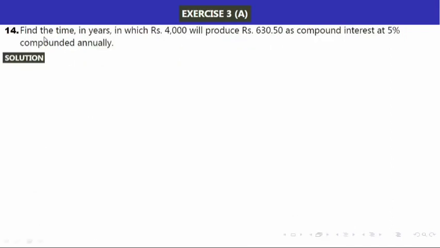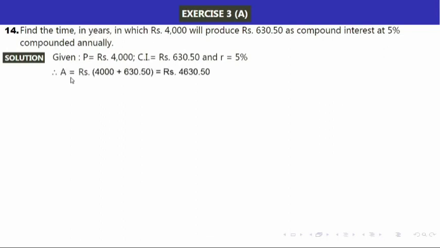We have another question, question number 14. Find the time in years in which rupees 4,000 will produce this much as compound interest at 5% compounded annually. So basically given is 4,000, compound interest is given to be this much, and rate is given to be 5%, and you are asked to find n, that is the number of years. Before that, let me find the amount.